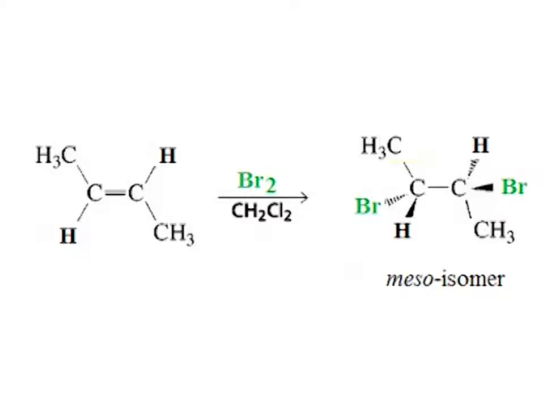For example, here the addition of bromine to butene is stereospecifically anti-addition. As a result, trans-butene specifically gives the meso isomer of the product.